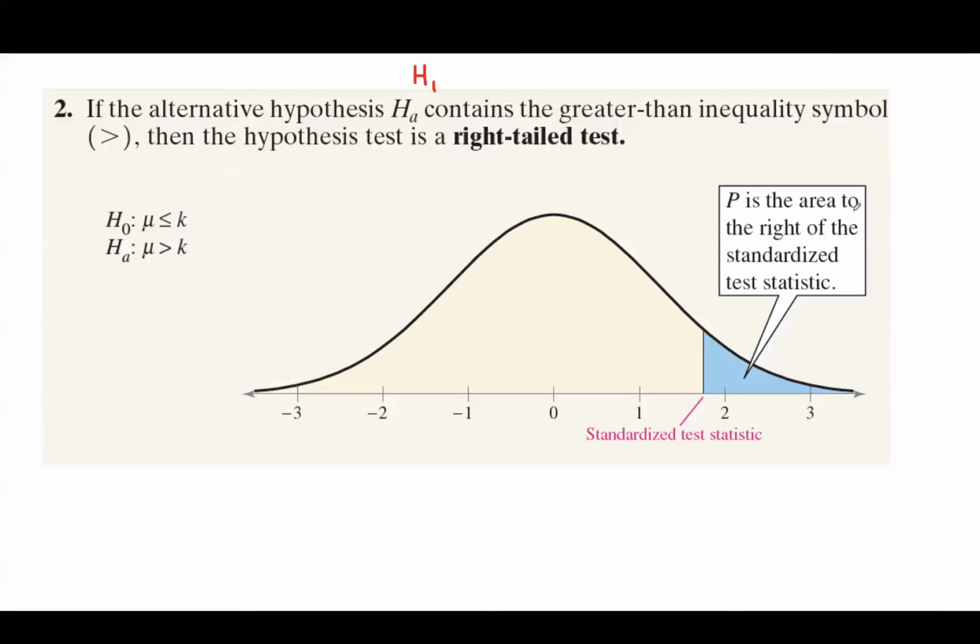The p-value is the area to the right of the standardized test statistic. You calculate the standardized test statistic or z-value, and you find the area to the right-hand side of it, and this is your p-value. Then you can make a decision comparing p-value and alpha. Again, this is called a right-tailed test.